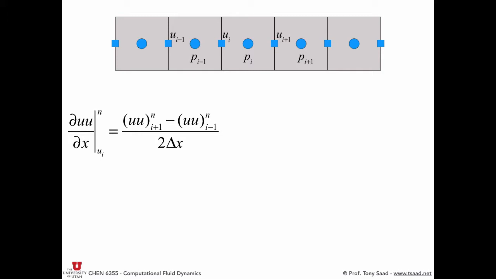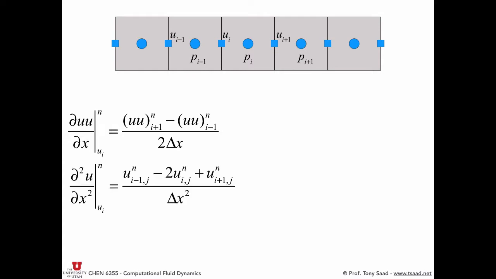So that's u_{i+1}, so this guy, minus that guy, over 2 delta x. I really like doing this because central differencing takes two values and moves them to the center. So we're taking those two values and computing a value over here. Same thing, d(uu)/dx at u_{i+1} is these two guys over here. Okay? Great, so that gives us the advective term.